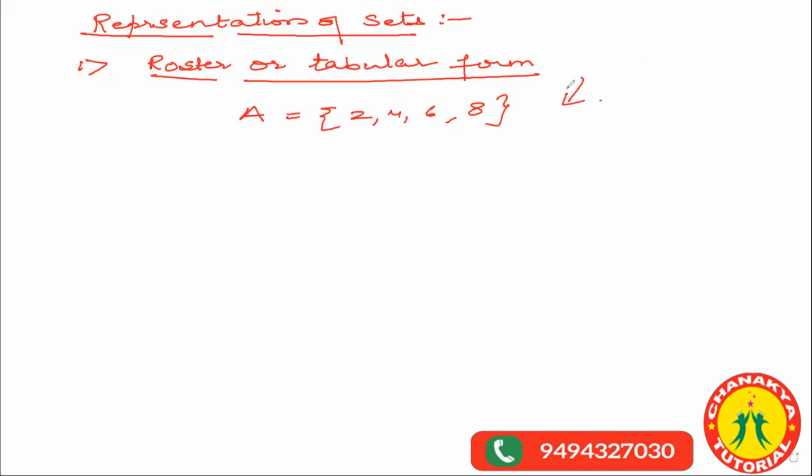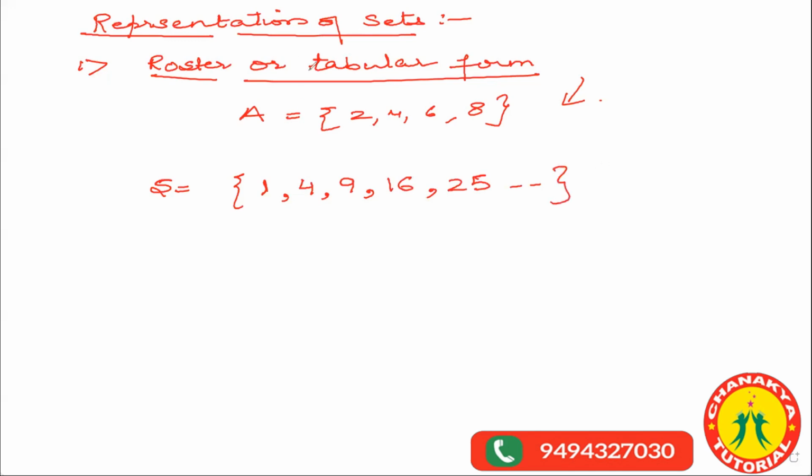Clear? Now suppose I'm writing the set of squares of natural numbers. Square of 1 will be 1, square of 2 will be 4, square of 3 will be 9, square of 4 will be 16, and square of 5 will be 25.